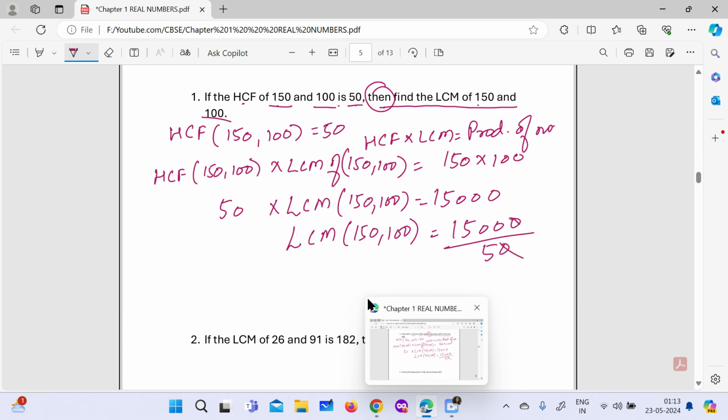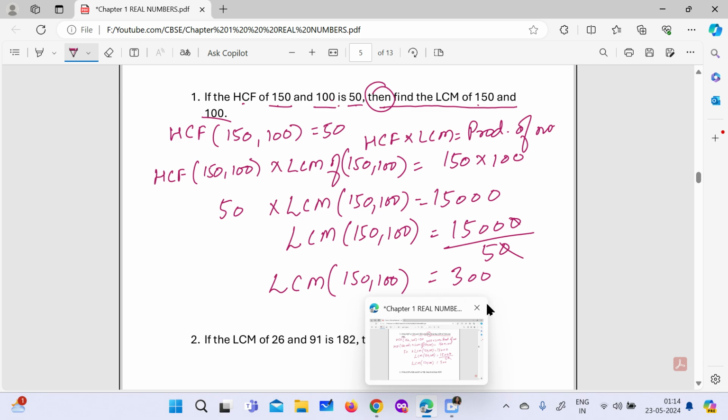So this will give you 300. So your LCM of 150 and 100 is 300.